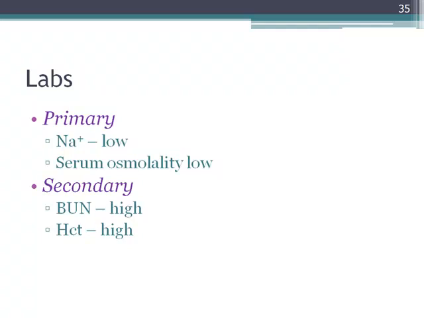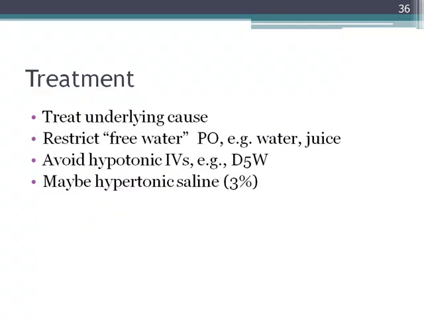And the labs here, the sodium and osmolality will be low because we're dilute, but our BUN and hematocrit might be high because we have less volume. Again, we're going to look at treating the underlying cause, restricting free water, and maybe, though, giving hypertonic sodium or saline to try to replenish that lower sodium level.